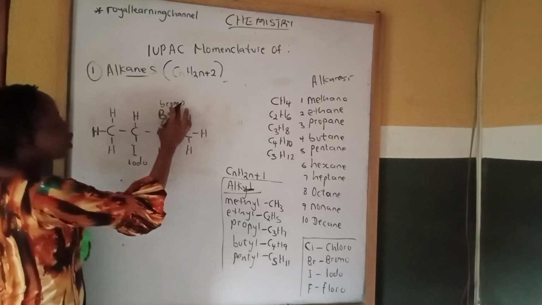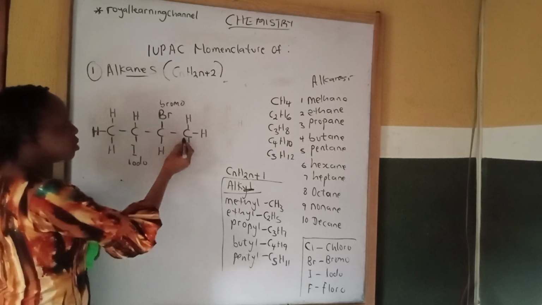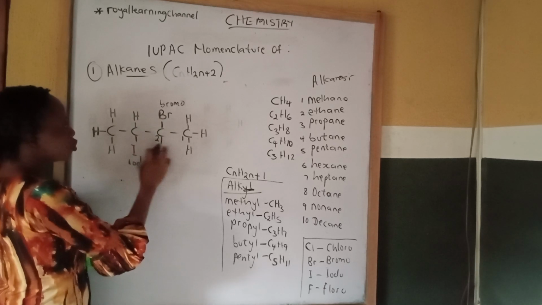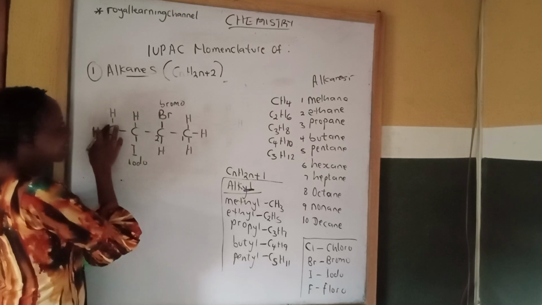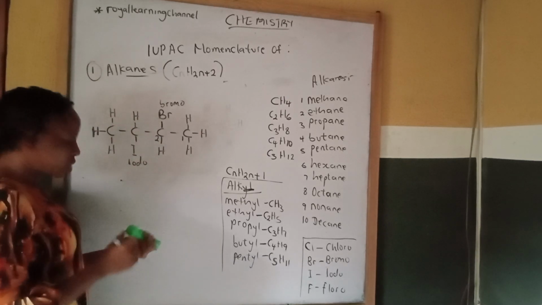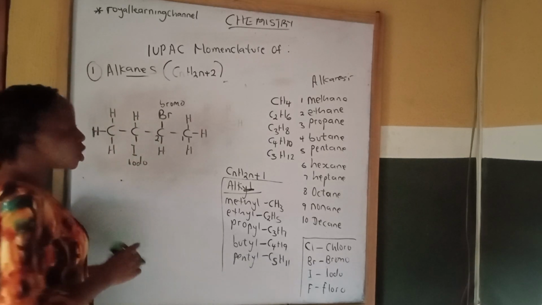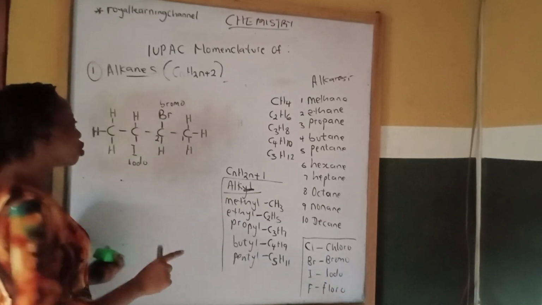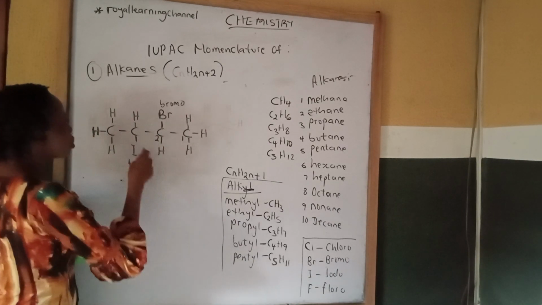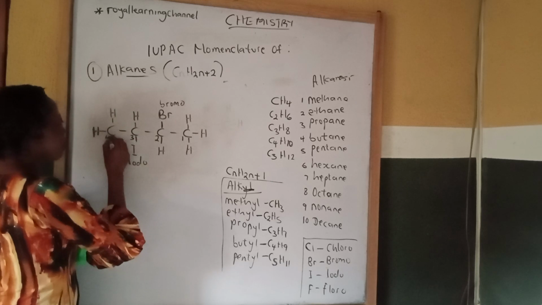If I consider bromine in naming from the left hand side, 1, 2, 3, bromine will be on the 3rd carbon atom. The best position to name this structure is from the right hand side. 1, 2, 3, 4.